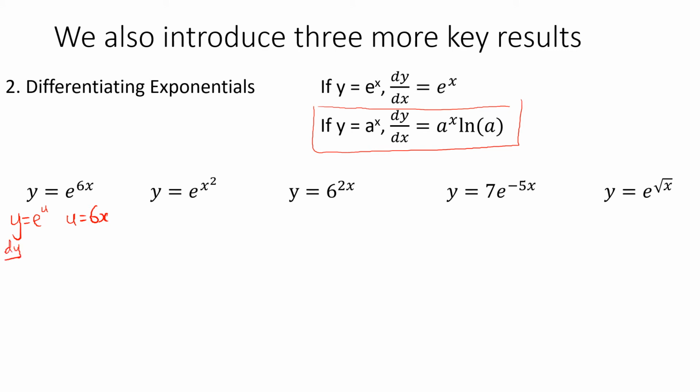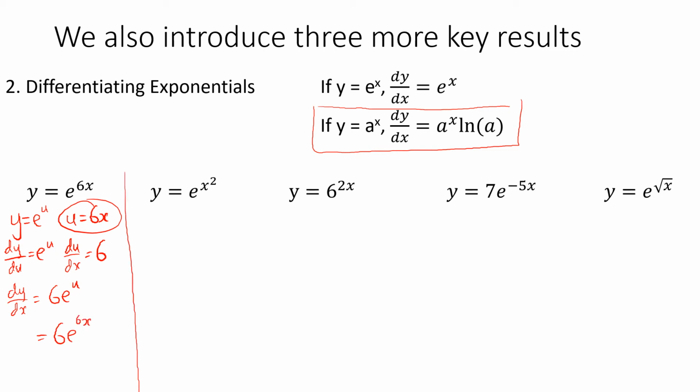I'm going to say dy by du is e to the power of u, because e to the x doesn't change. And du by dx is equal to 6. Multiply them together for our dy dx is 6e to the u. Sub in our value of u is equal to 6e to the 6x. What about the next one? It's another e.